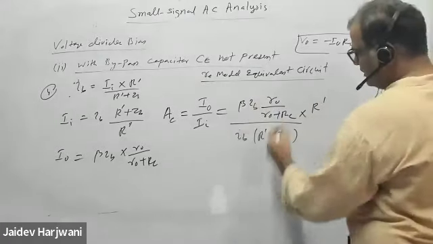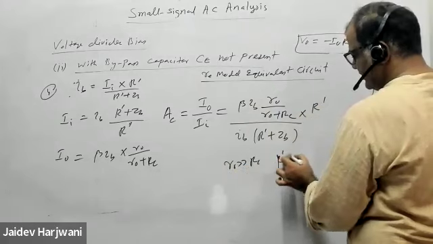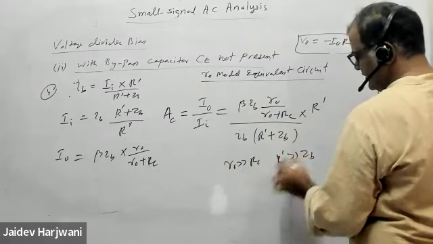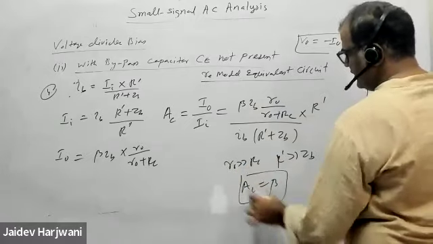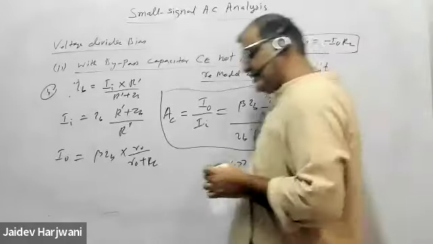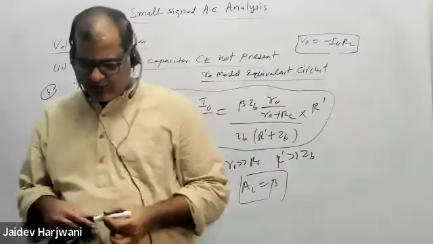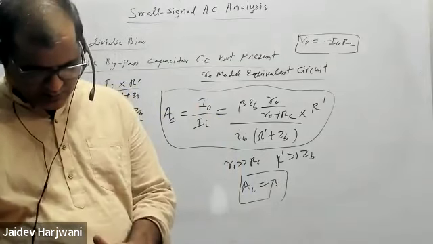So again, if you solve this, if R naught is greater than RC and R dash is greater than ZB, then AC will again be beta. But this is the actual formula. You don't even need to remember this directly, you can directly write it. Okay, so I'll stop here. Thank you.